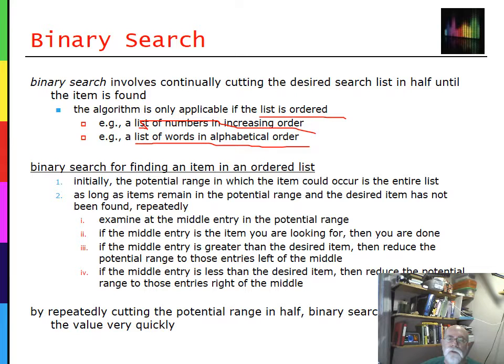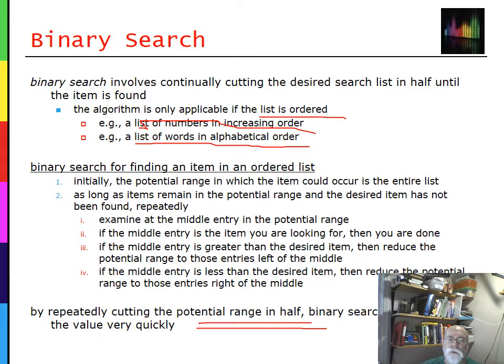What you do is you examine them, and this potentially cuts your range in half every time you do a binary search. It keeps cutting them in half until you finally find them. So here you start examining at the middle entry in the proportional range. If the middle entry is the item you're looking for, then you're done.